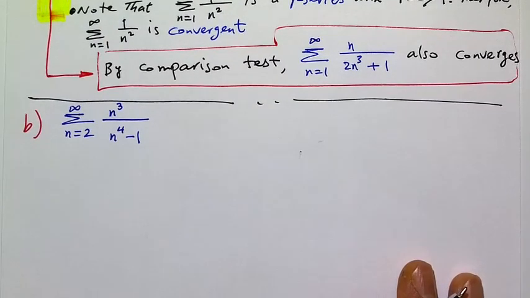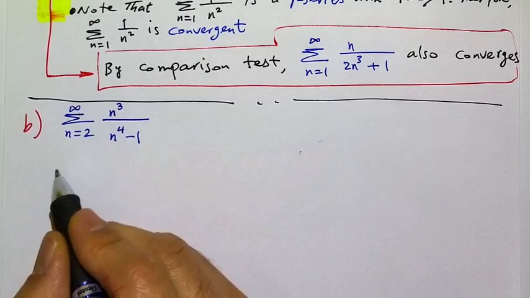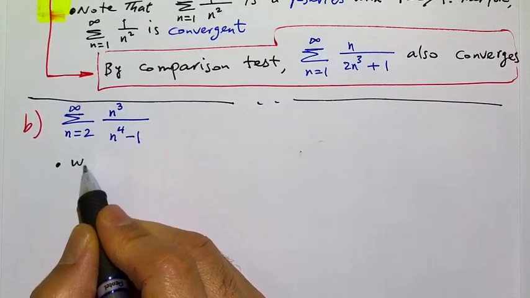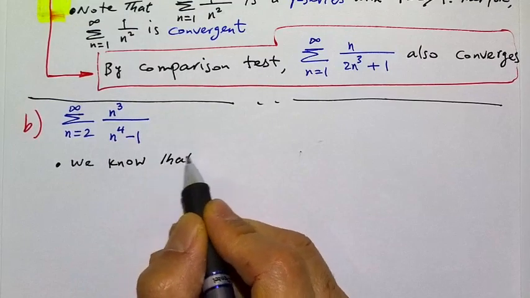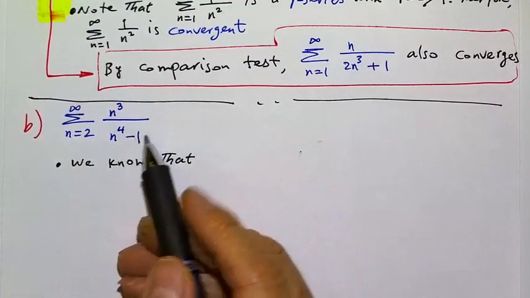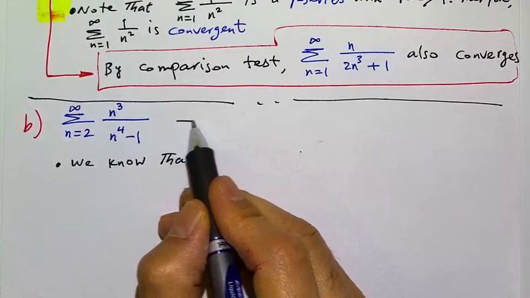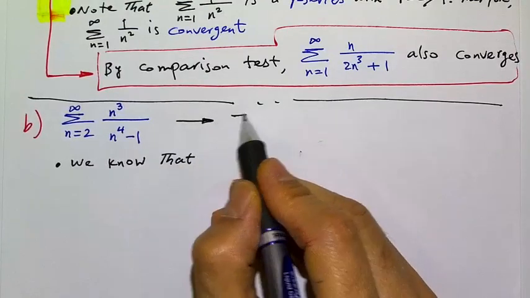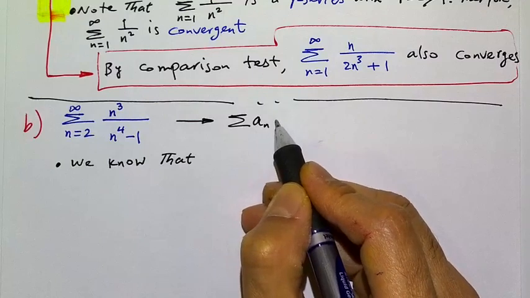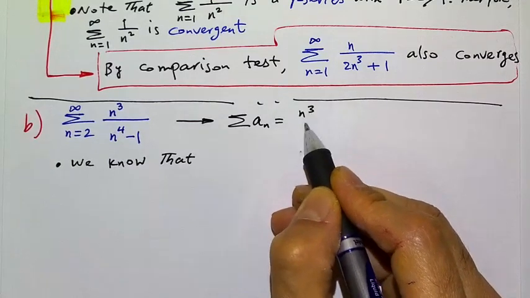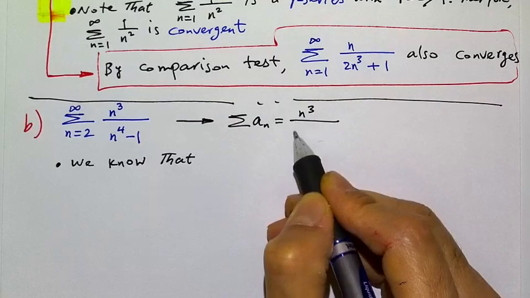First of all, let's write this down. Let me start and establish what the a_n is and b_n is.